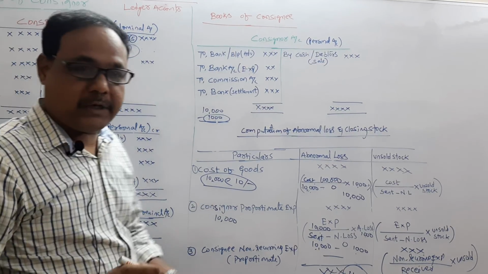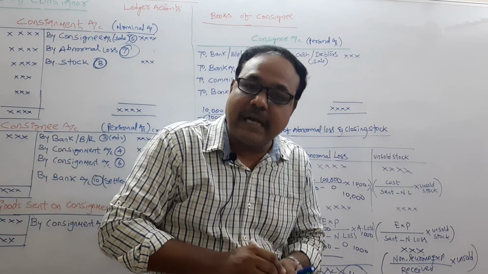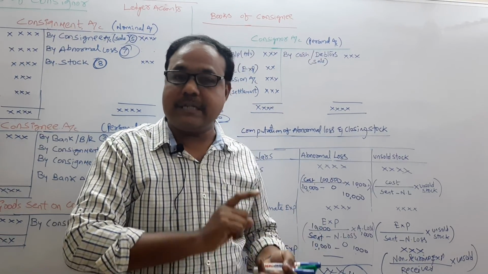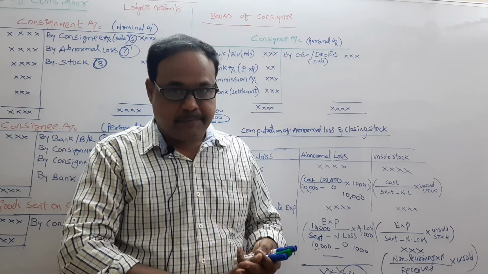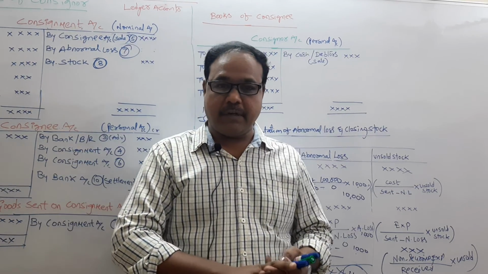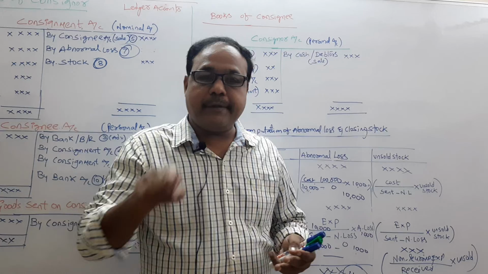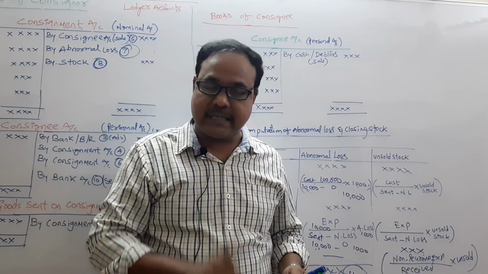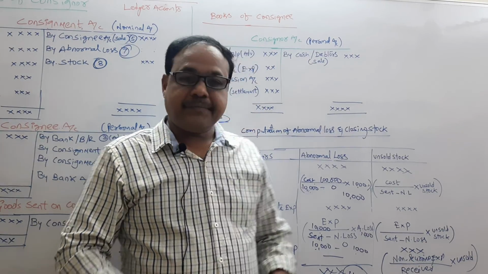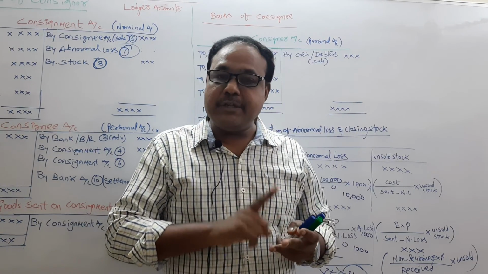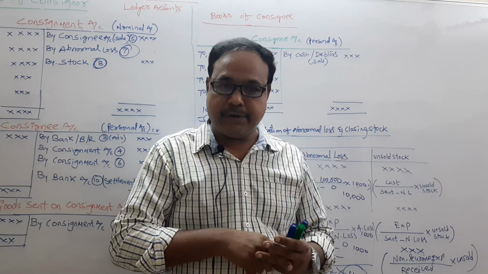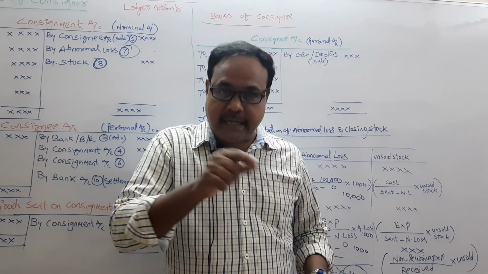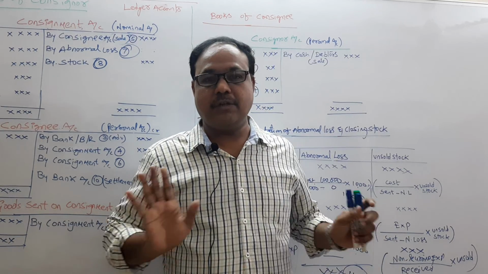So you have to take abnormal loss in the consignment account, 11,000, irrespective of insurance. Say for example your insurance is 0, with no insurance you still take to the consignment account credit side 11,000 only. Example number 2, insurance covered only 6,000, still you take in the consignment account 11,000 only.